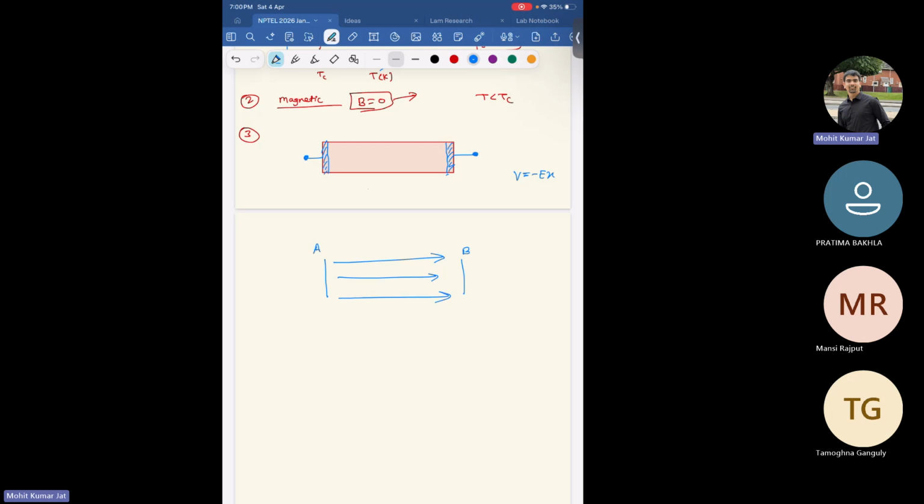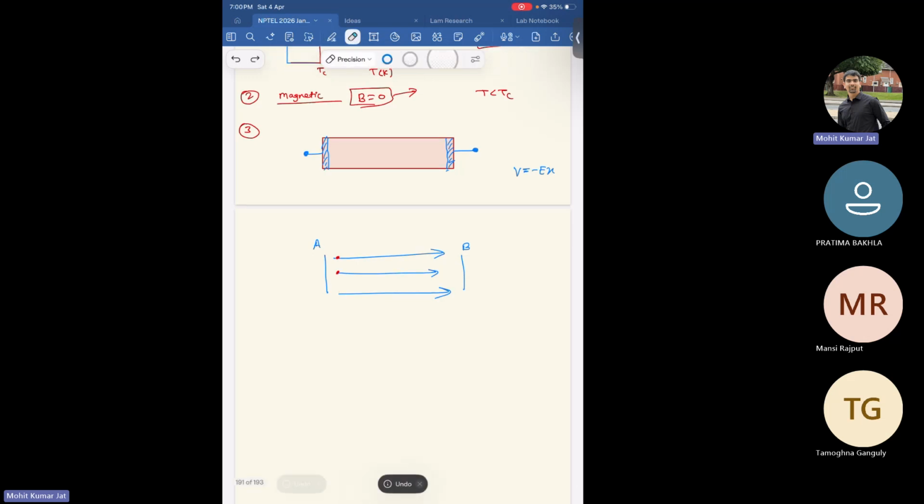These are the 3 electric field lines which I have drawn. This is the red point, and this is the yellow point. And let me just write that the distance is x.